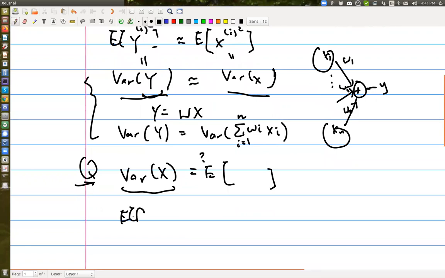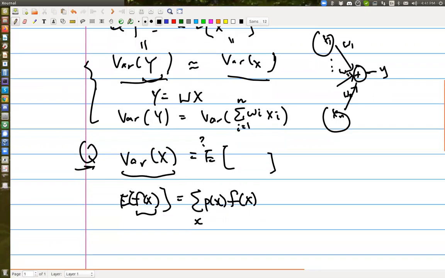When I say expectation of f(x) here, let's just consider discrete variables. It would be something like this function f(x) multiplied by the probability mass function of x, and sum over x, right? That's the expectation. So it's just taking the average of f(x), taking different values of x, then weighting the sum by the probability of occurrence of each x.